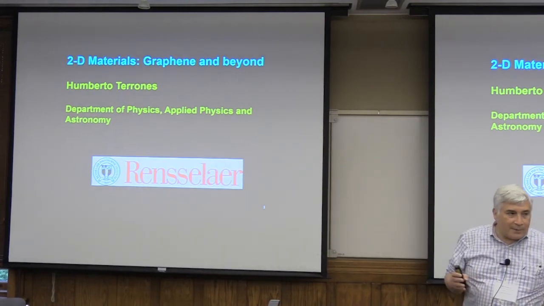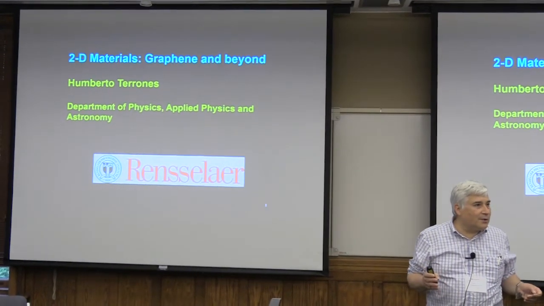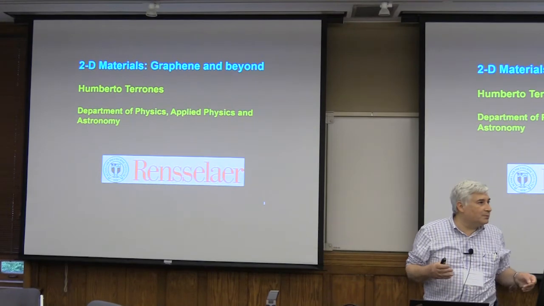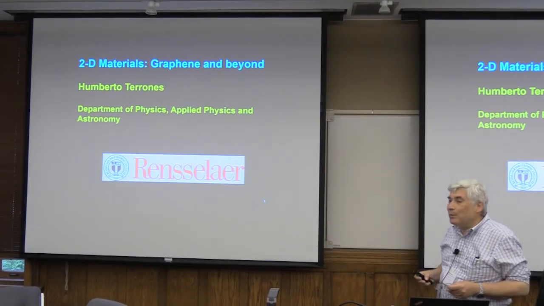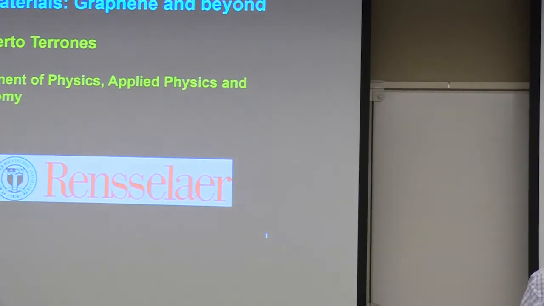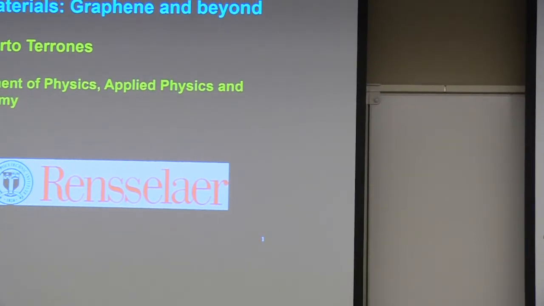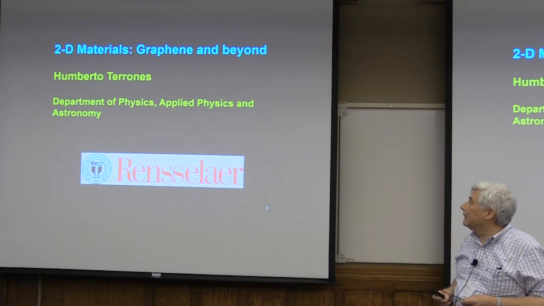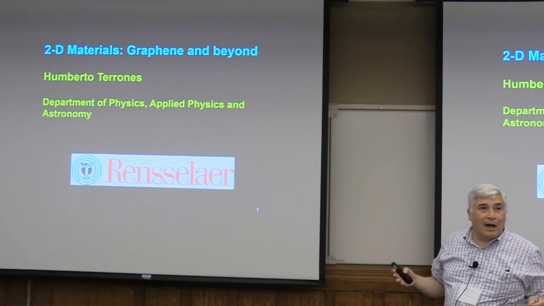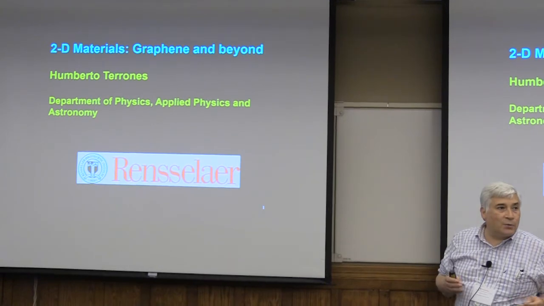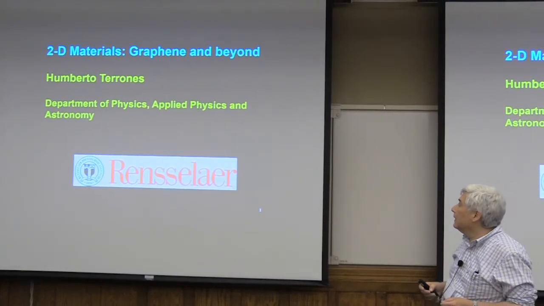For some systems, it is just the first approximation. We need to do something else. And I will mention this at the end of my talk. I will emphasize my talk related to DFT, and I will mention some points in which DFT is not so good.